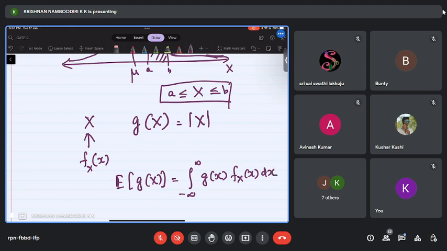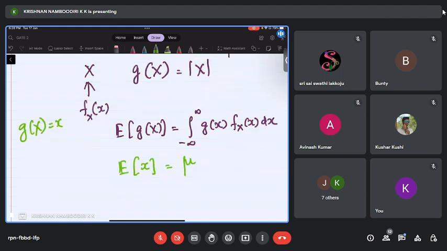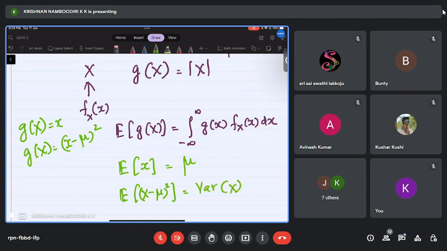Now if you have g of x equal to simply x, then the expectation of g of x becomes the expectation of x, which is nothing but the mean of the random variable. If g of x equals x minus mu the whole square, the expectation of x minus mu the whole square is nothing but the variance of x.